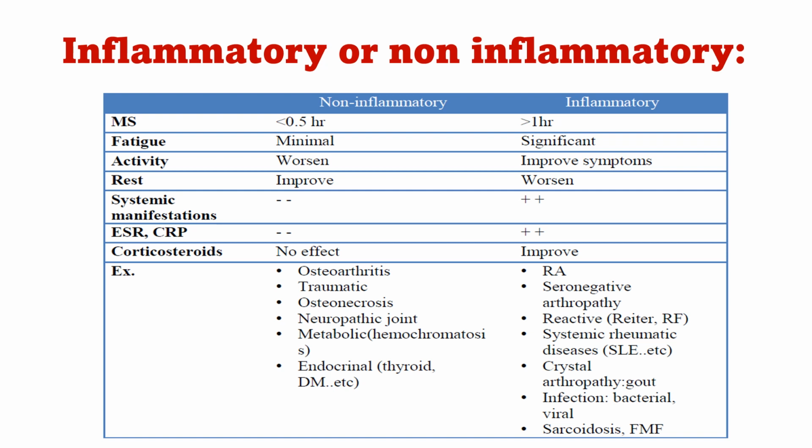However, while the patient is doing some activities, the joint pain is relieved gradually. So activity slightly improves inflammatory arthritis. However, it worsens non-inflammatory joint involvement, like mechanical low back pain and osteoarthritis.